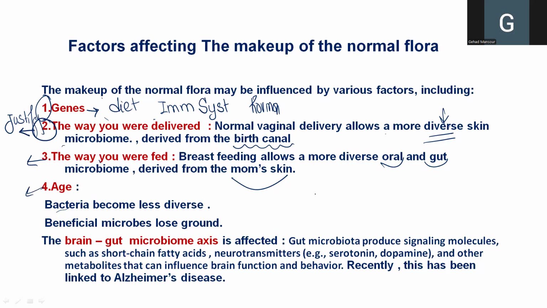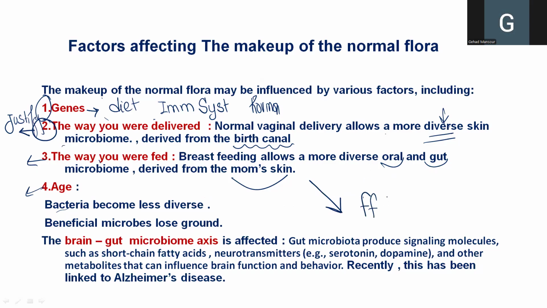As you grow older, of course, there is a decline in the flora as a whole, in the number of flora as a whole, but there is a decline in the friendly flora in particular.